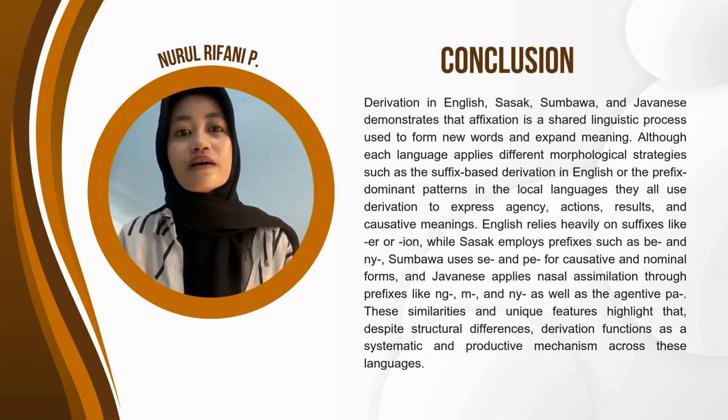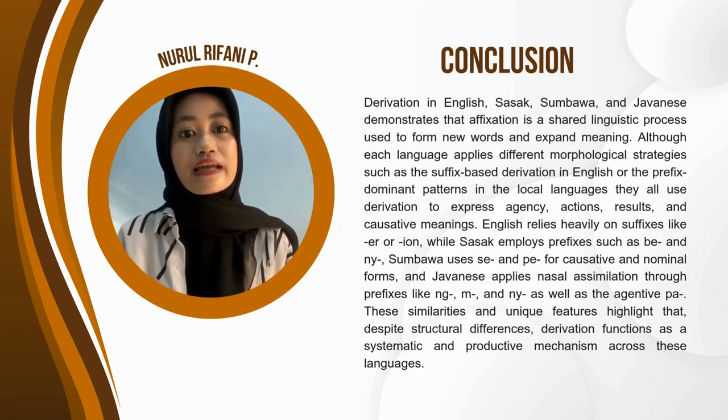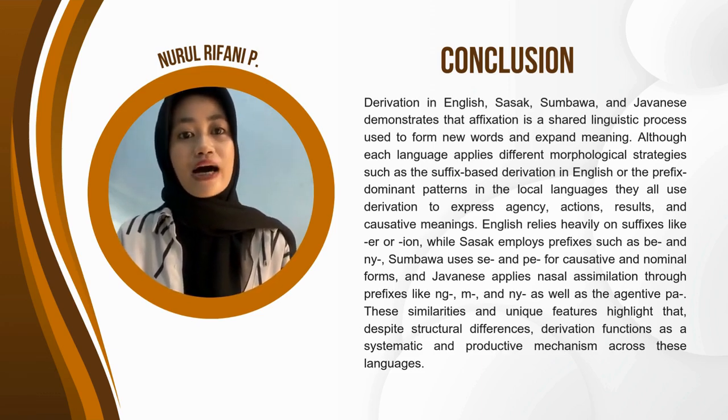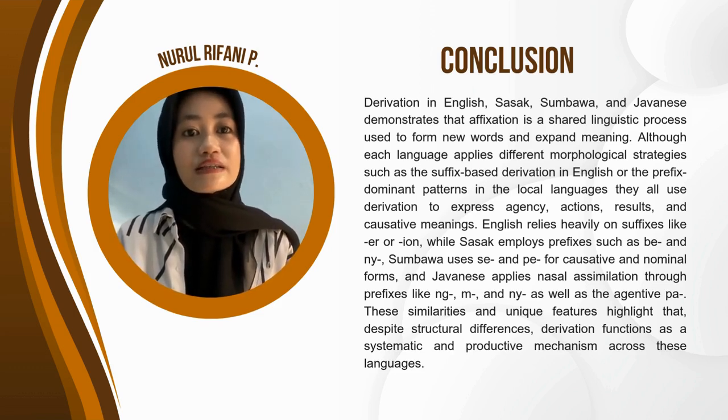And Javanese features nasal prefixes like ng and ny, along with the negative prefix pa. These patterns show that although each language has unique morphological characteristics, derivation remains a systematic and productive way to build vocabulary across all four languages.